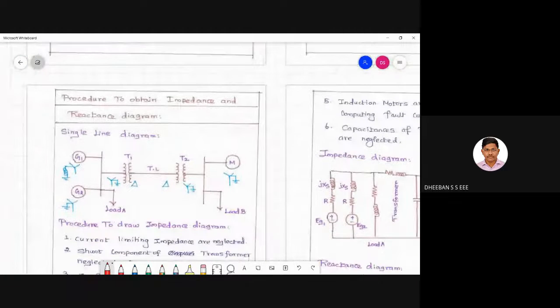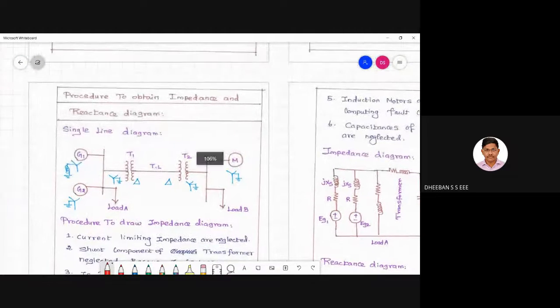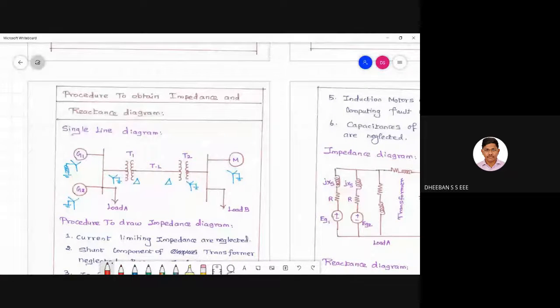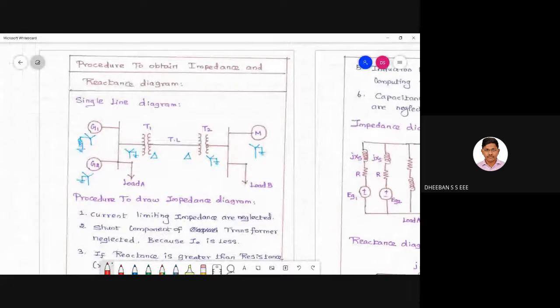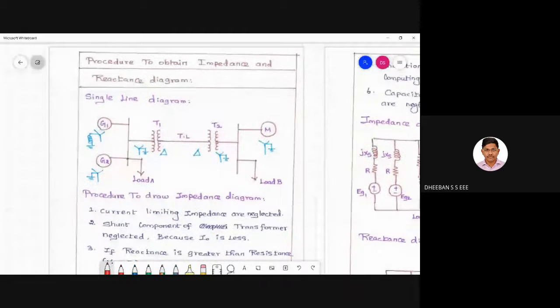So now we will be dealing with the procedure to obtain the impedance and reactance diagram. If you want, you can just note it down, and soon I will be putting up the notes and the PPT. As I said, this is the single line diagram that you have to see through.